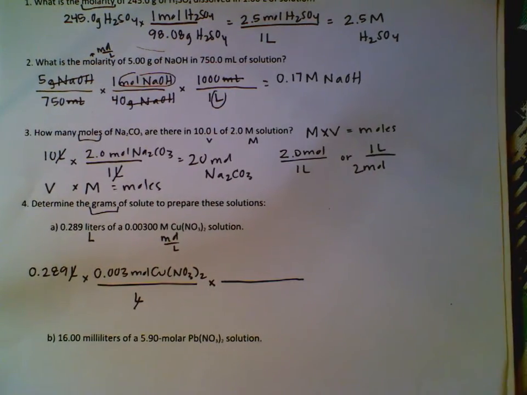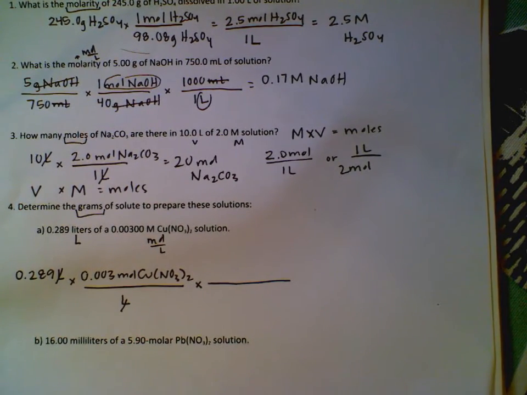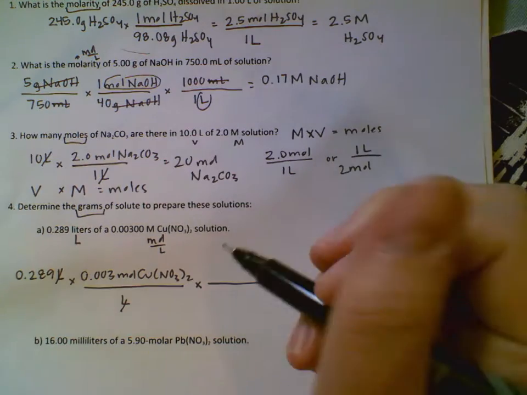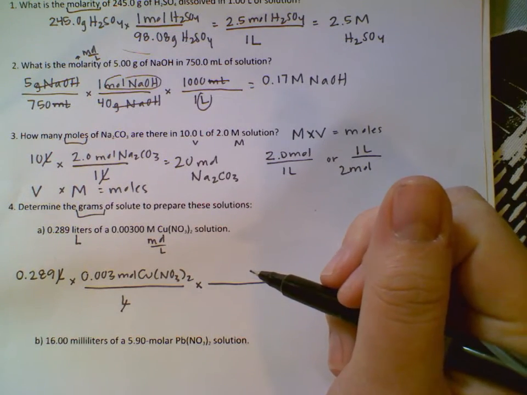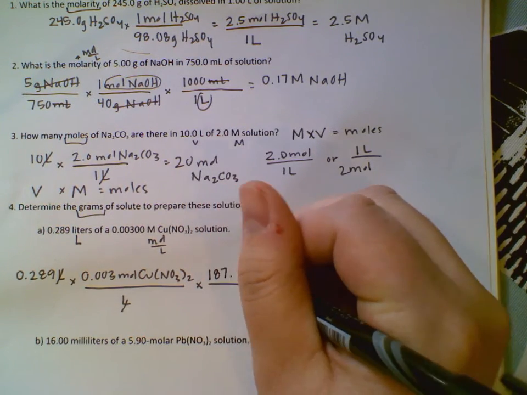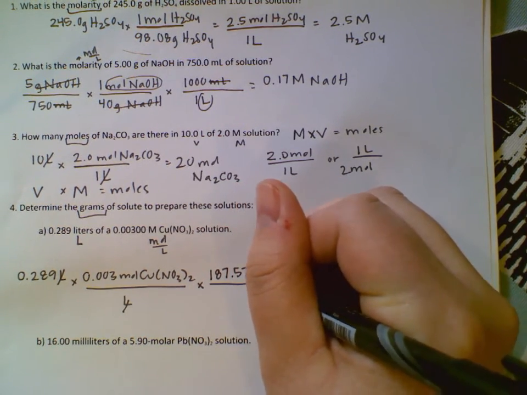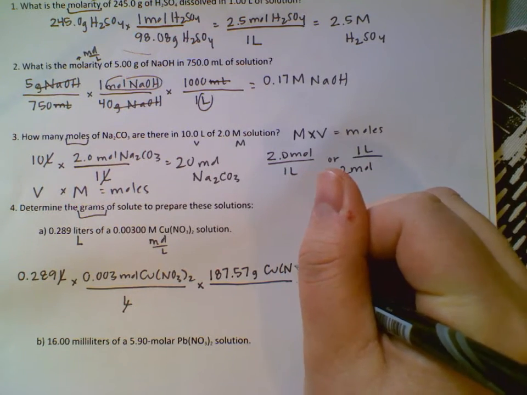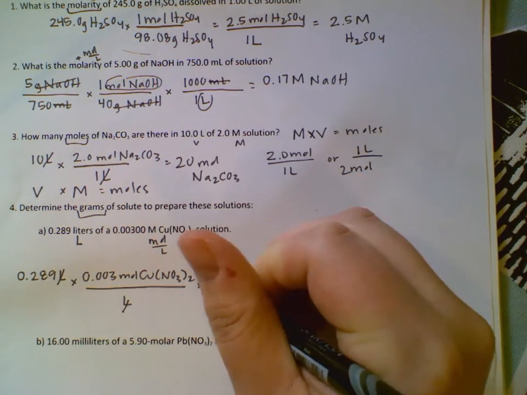If it was asking me just to get to moles, I'd stop here. However, I'm not. I'm being asked to do grams. And so what I need to do is figure out what the molar mass of the copper nitrate is going to be. And if you use your periodic table, you get a pretty hefty molar mass of 187.57 grams of copper nitrate for every 1 mole of that.